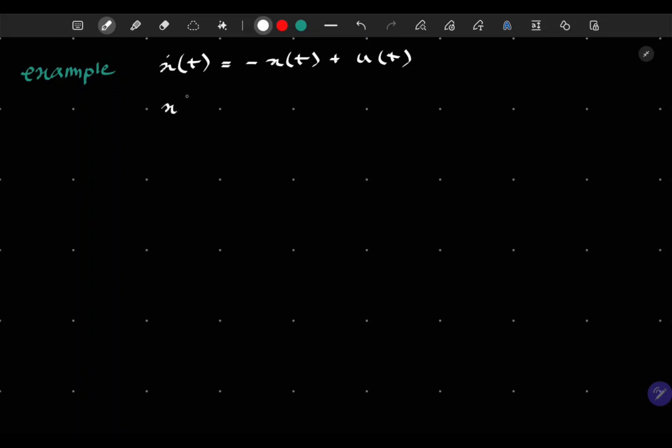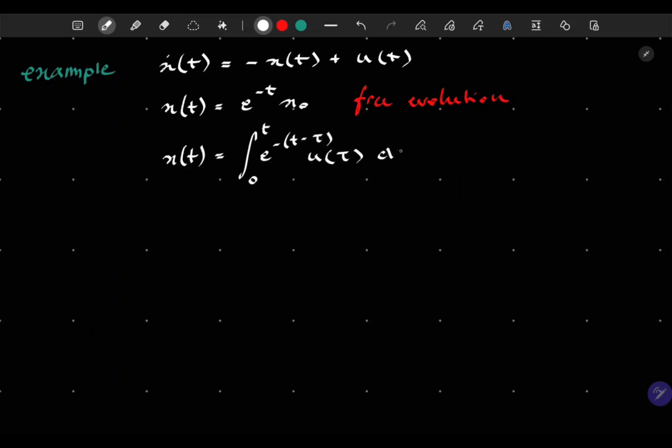Now let's write down the free evolution for the system. And let us consider the forced evolution, so the case where x naught is 0 and we have some input. This is given by the integral of e to the minus (t minus tau) times u of tau d tau. And now let's choose u of tau equal to the Dirac delta function.